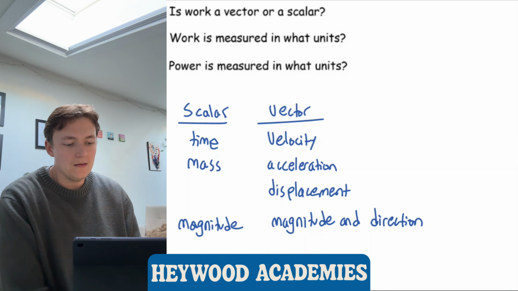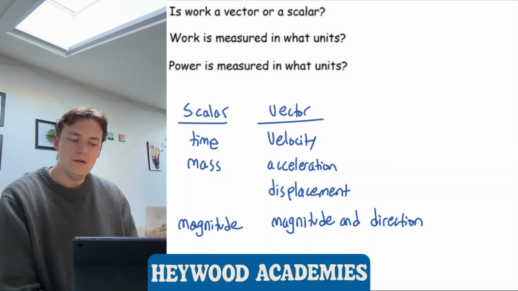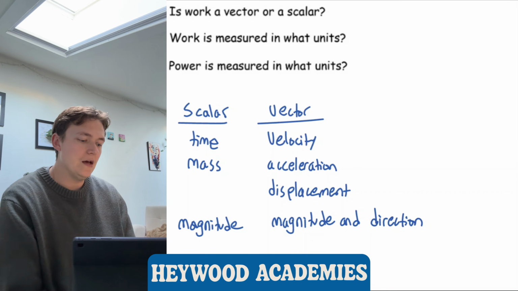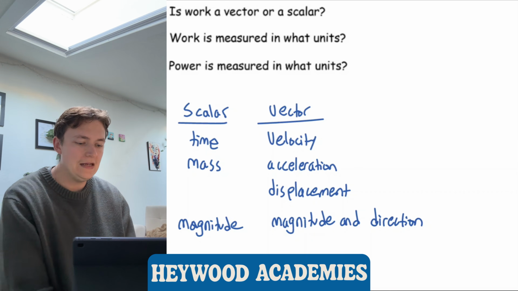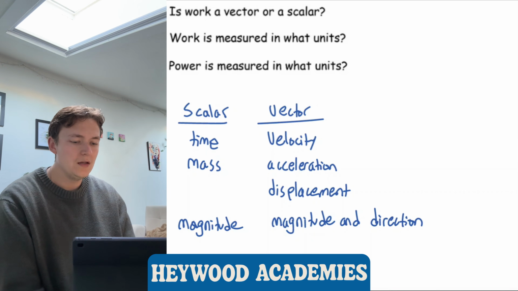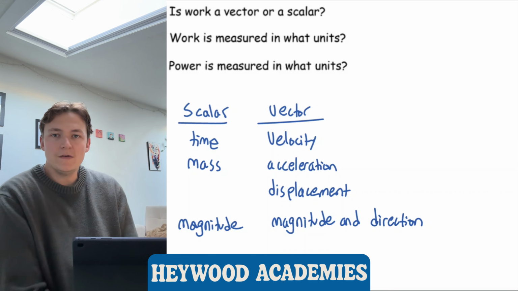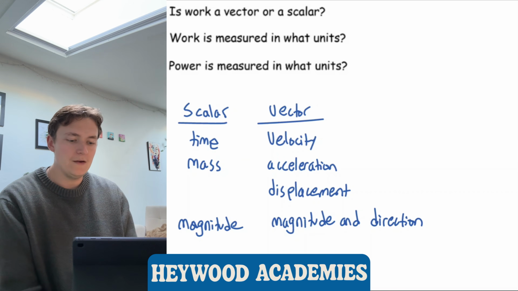So when you say something like the velocity is 50 kilometers an hour, you're not quite stating that properly, because you need to tell me which direction we're moving in. So when we're talking about velocity specifically, we would need to know the speed that you're moving and the direction that you're moving. For something like mass, if it's 12 kilograms, there's no direction associated with that, so that's a scalar.